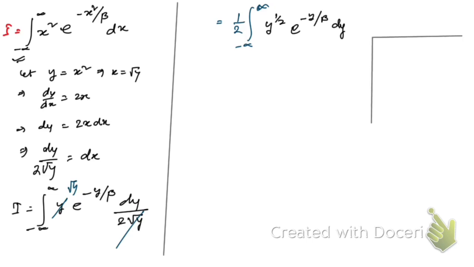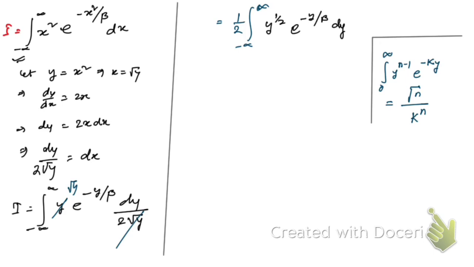Let me write it here. The integration from 0 to infinity of y to the power n minus 1, e to the power minus k y dy, where k is any constant, is equal to gamma of n divided by k to the power n. You must know this.